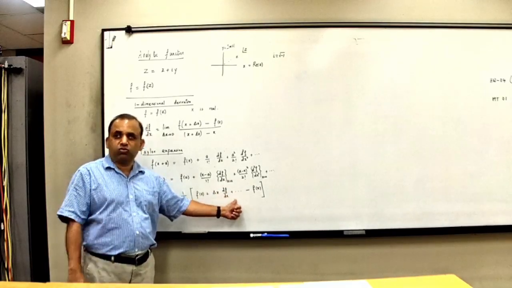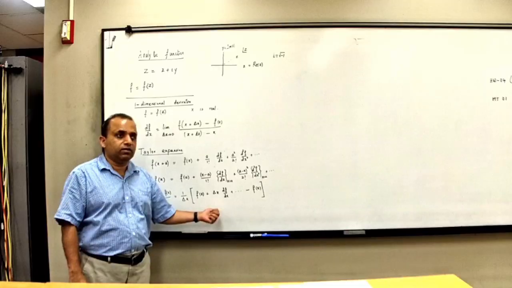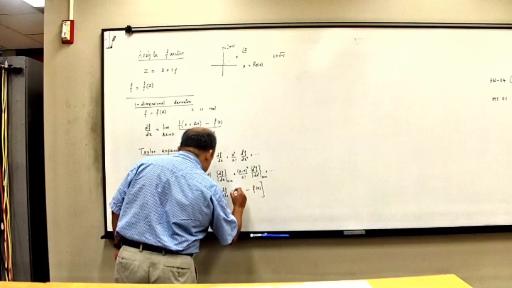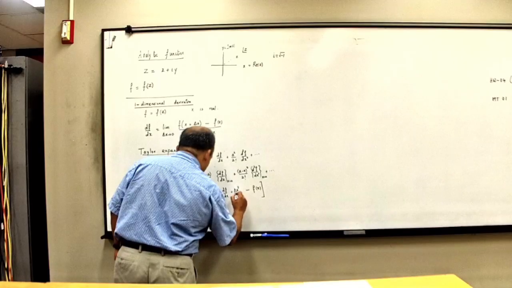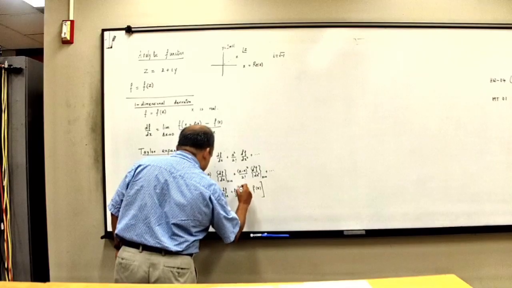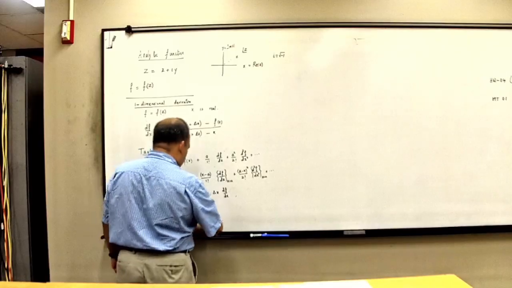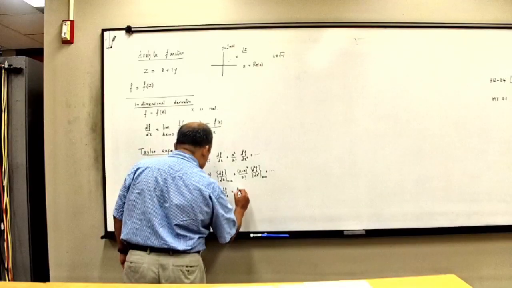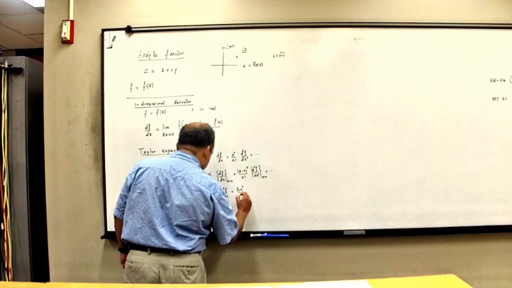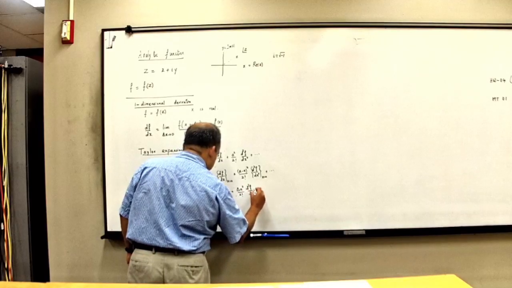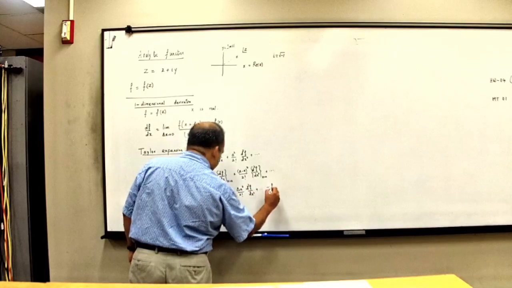So it's not an approximation, this is exact in that limit. Is that argument clear? So maybe I should emphasize that this is delta x squared over 2 factorial, and there is a second derivative there. So this is plus delta x squared over 2 factorial and minus f of x.